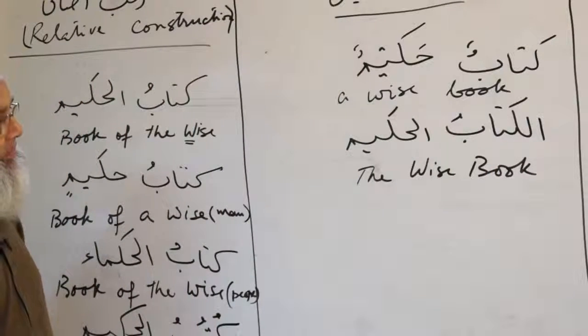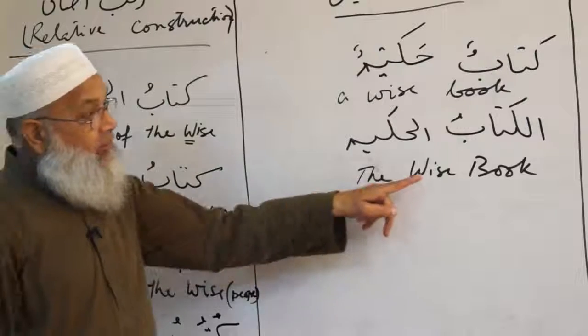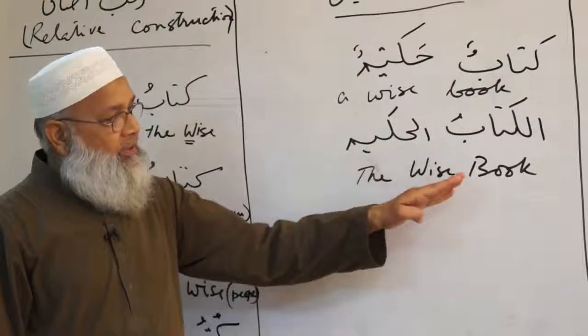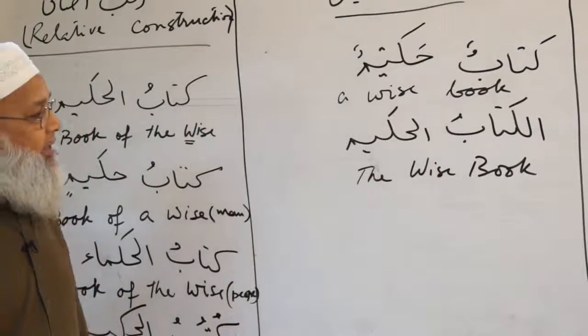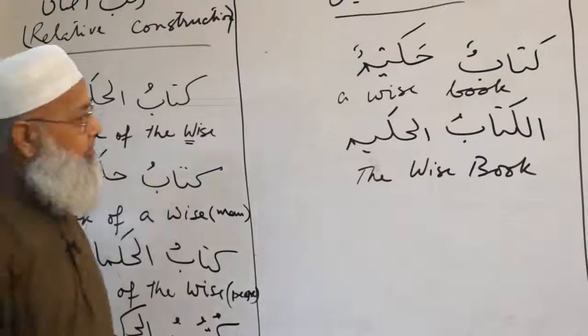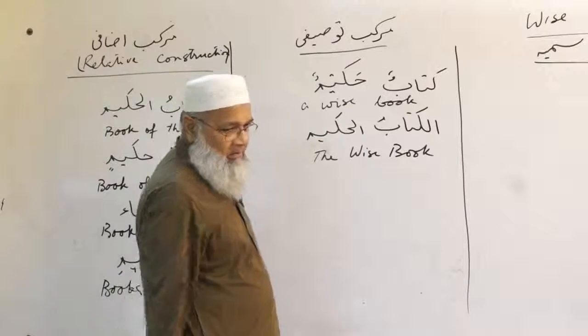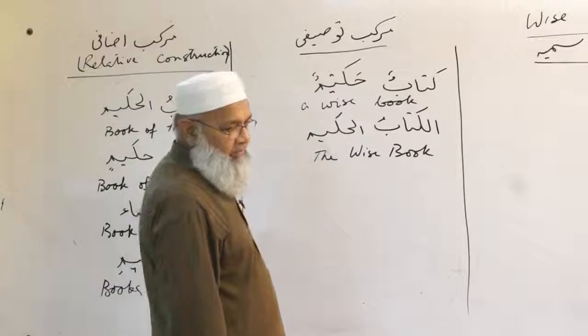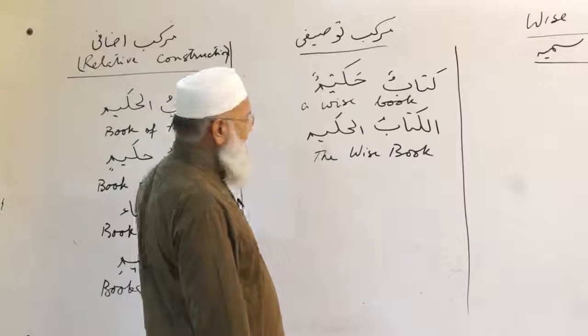Al-Kitabul Hakim, the wise book. When I say the wise book, W is capital, book is capital, so it means it can be the Holy Qur'an, or it can be the Torah, because that is also the book of wisdom, the Gospel, the Injil.